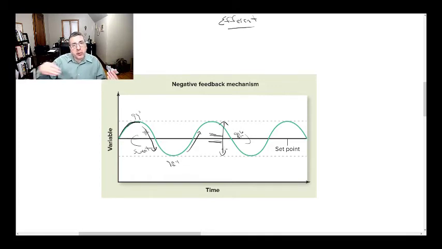Oxytocin is a hormone that goes to the uterus and tells it to contract some more. When the uterus contracts more, it increases the pressure on the cervix. If you're contracting on the outside and it's pushing the baby's head against the cervix, you are increasing that stimulus, which sends a signal back to the brain, says, hey, something's pressing on the cervix, release oxytocin, which then causes the uterus to contract even more, which causes more stimulus at the cervix, more pressure, and that's a loop.